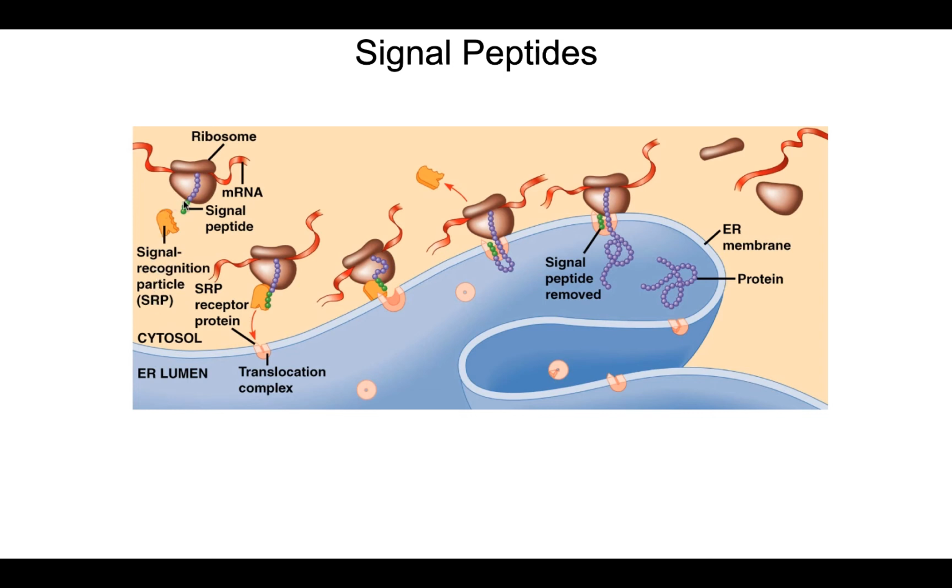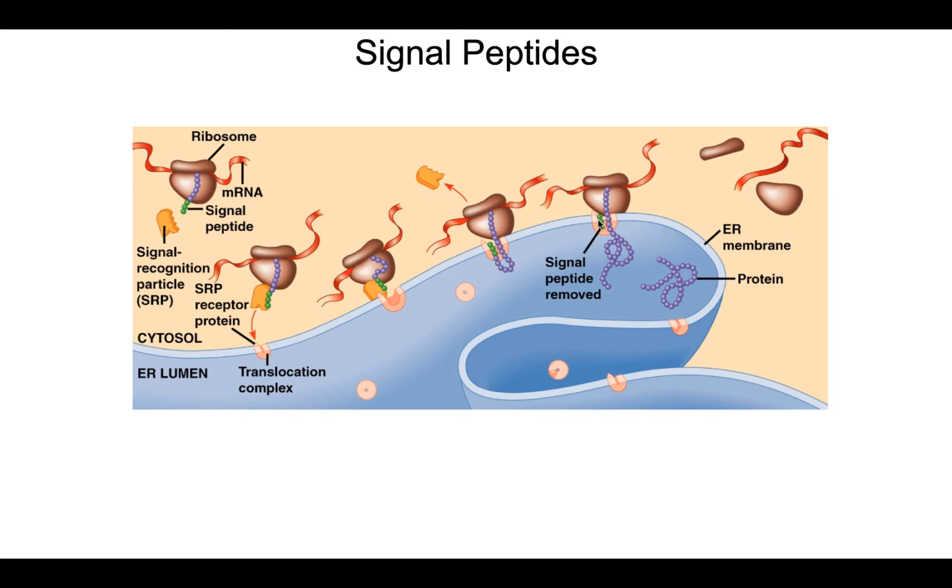That SRP recognizes and binds that signal peptide, and stops translation. It brings the entire complex to a translocation complex on the membrane of the rough endoplasmic reticulum. When it binds, it allows translation to then resume. The protein now is made straight into the rough ER.